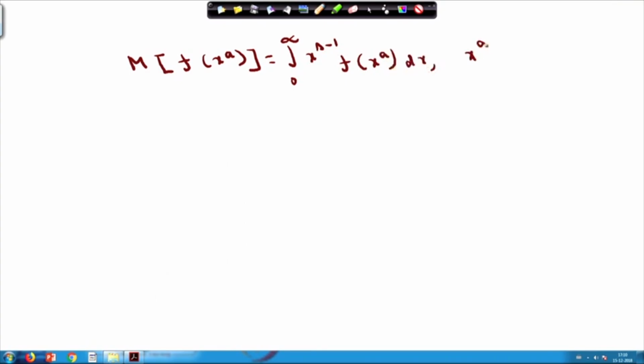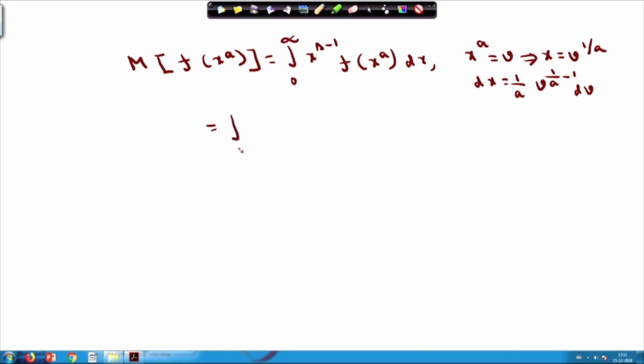Let us substitute x to the power a equals v. Then x equals v to the power 1 by a, and dx will be 1 by a v to the power 1 by a minus 1 dv.